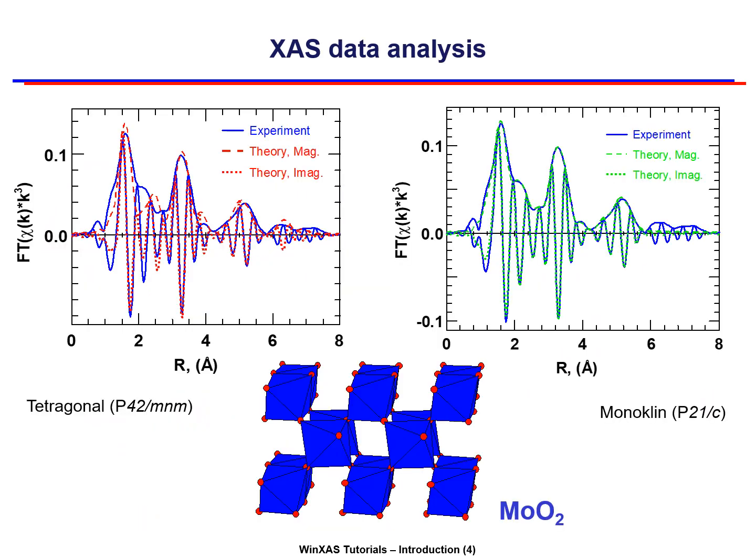XAFS data analysis now uses the previously obtained chi of k or Fourier transformed chi of k function to obtain structural parameters. Therefore, a theoretical XAFS function based on a suitable model structure is being calculated and compared to the experimental spectrum.